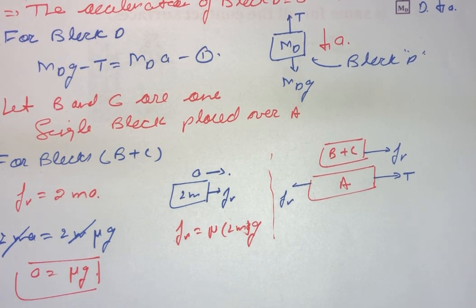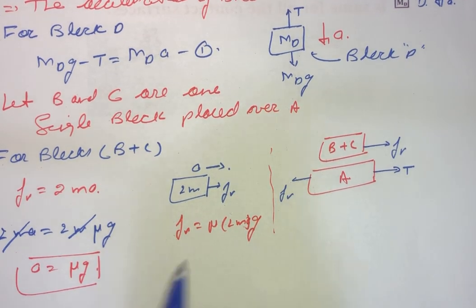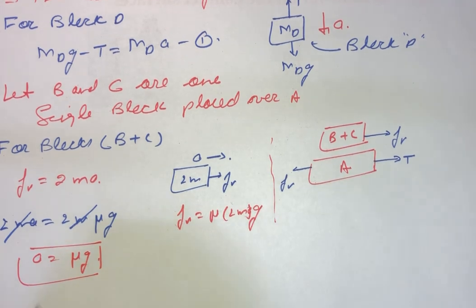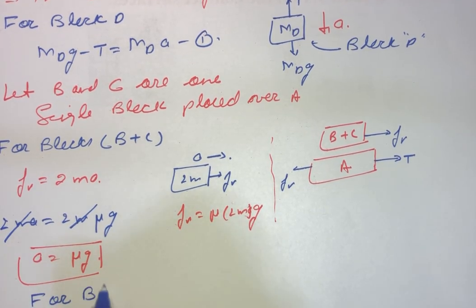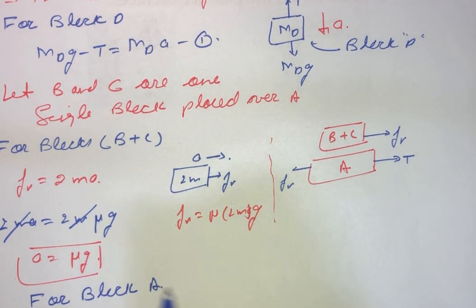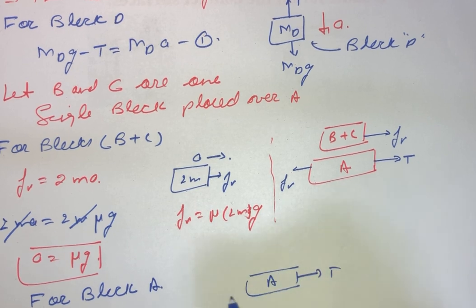Now we can consider the free body diagram for block A. So for block A, we have a tension T, and we have Fr, and it is moving with the acceleration a.